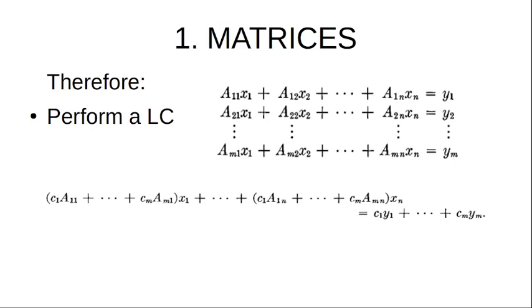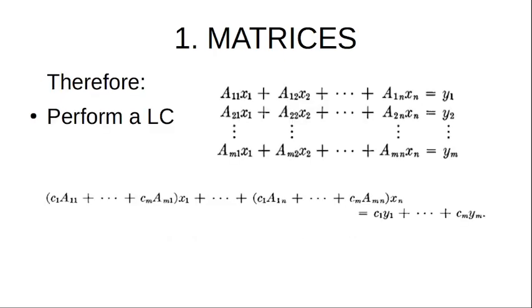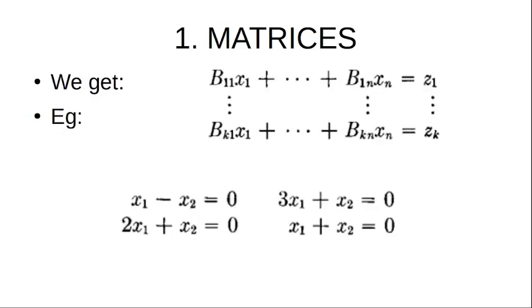If we take all that and add them together, it will essentially give us Bx = z, of which the term c1 a11 up to cm am1 times x1 is essentially b11 x1. That's basically column 1 of B, as can be seen.